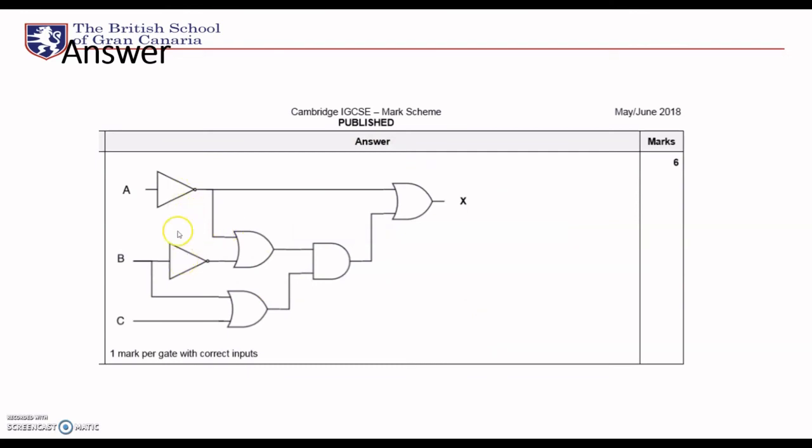As I said, we start with the NOT gates, and then we need a junction to go from this NOT gate to connect to the AND gate, because the AND gates have to have 2 inputs. Sometimes the most confusing thing, especially when I was practicing these myself, is where to put the junctions.